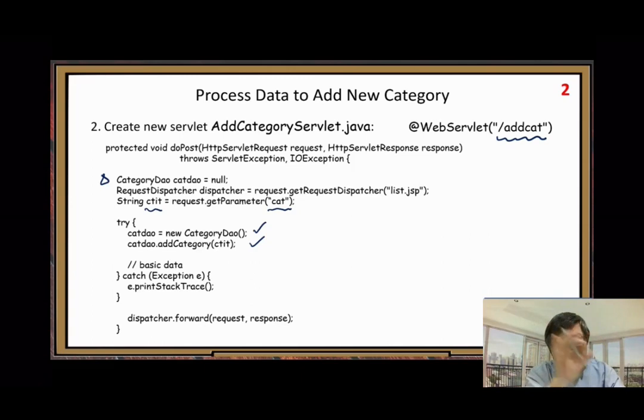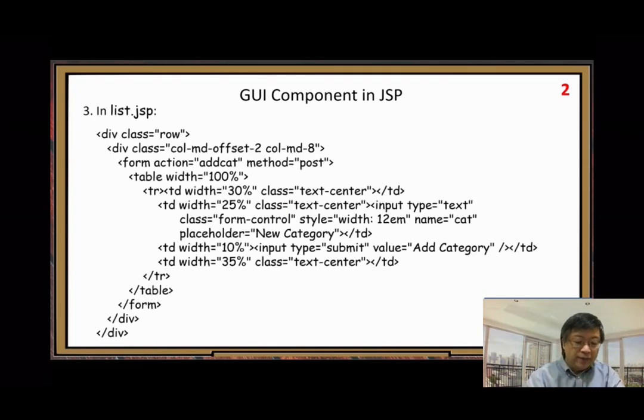So we have this processing part. After that, we need to go to the list.jsp to add the GUI component part. For the GUI component, we add another form. So this is an HTML form. For the form, the action is our servlet URL pattern, add cat.